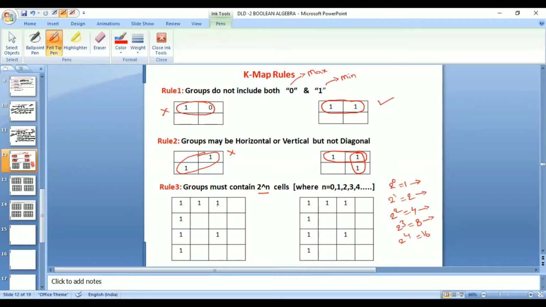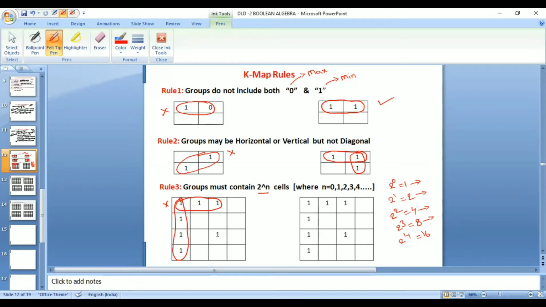Now, in this particular 4 variable K-map, if you group these 4, okay, well and good. And if you group these 3 like this, it is wrong. So we should not group like this. A single minterm also we can make a group, if the other minterms are far away from this particular minterm.